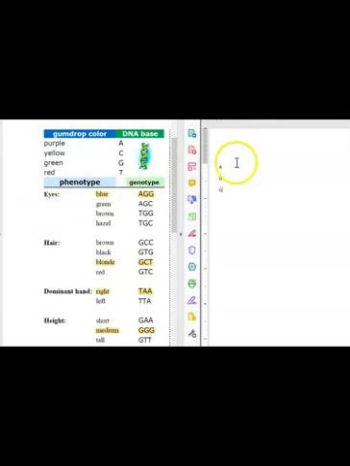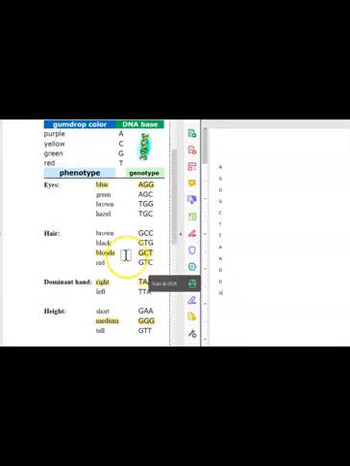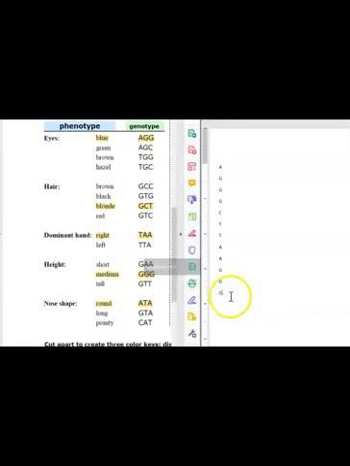Simple as that. For hair, for blonde, I go down to GCT. My dominant hand is my right hand, so I type TAA. My height is medium, so that's GGG. And lastly, my nose shape is round, so I'm going to say ATA.